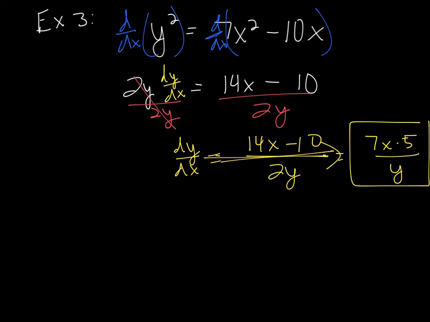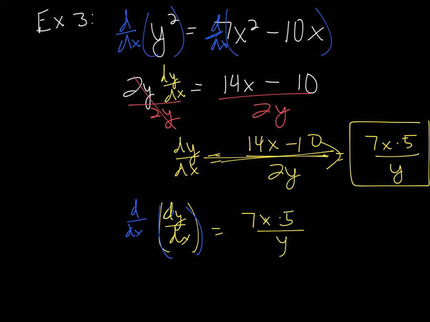Okay, so proceeding from there, I'm now going to have derivative with respect to x of dy dx on the left side equal to my 7x minus 5 over y, and I'm taking the derivative with respect to x of the right side as well.